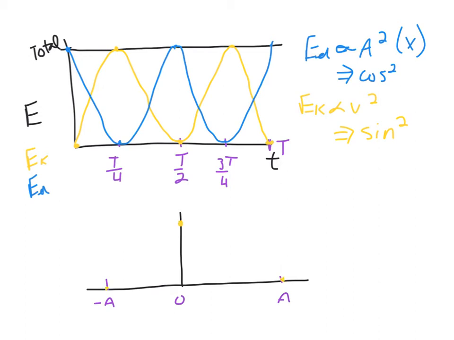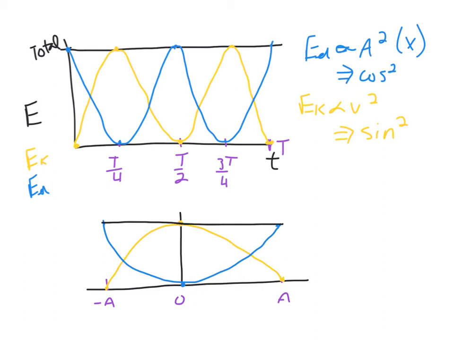It'll be 0 at the maximum and minimum amplitudes. Your elastic potential energy is 0 at the equilibrium position and maximum when you're at maximum amplitude. And your total energy the entire time is again going to be the same. That was drawn poorly. So your total energy will be about here.